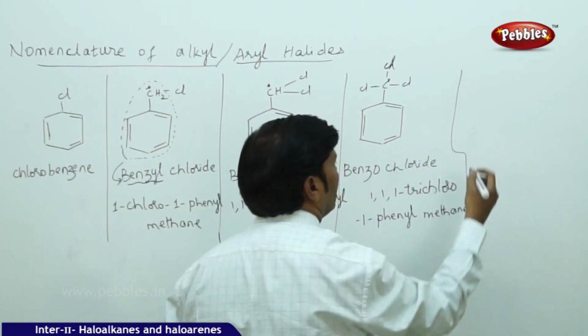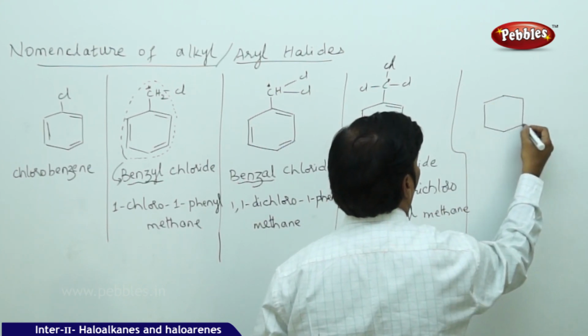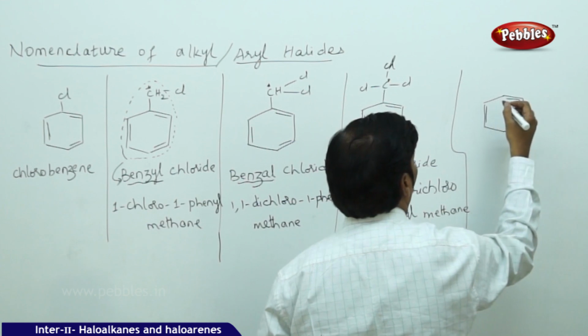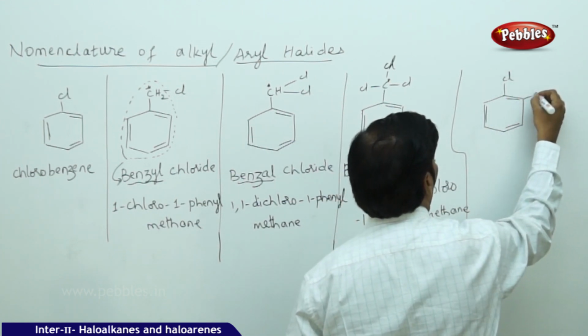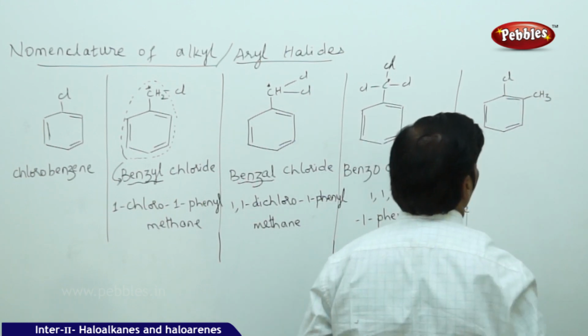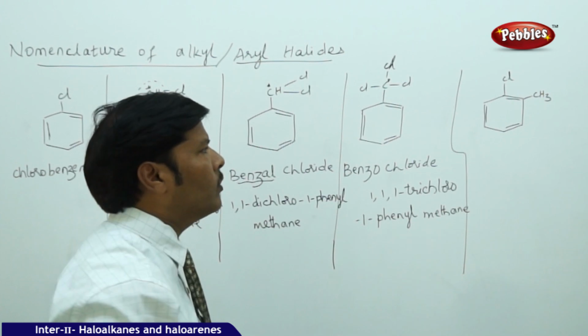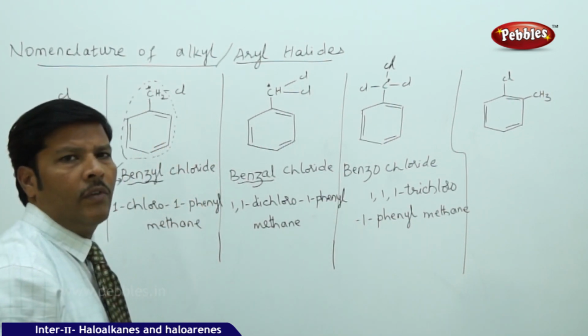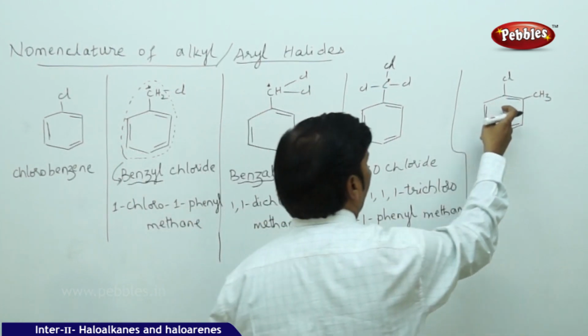If you want, you can add a few more, like suppose I am just taking it like this. Sometimes different substituents are there. The compound is like this, a benzene ring with two different groups attached, one methyl group and one chloro group. Then we can use the alphabetical order. In fact, this is a parent derivative.